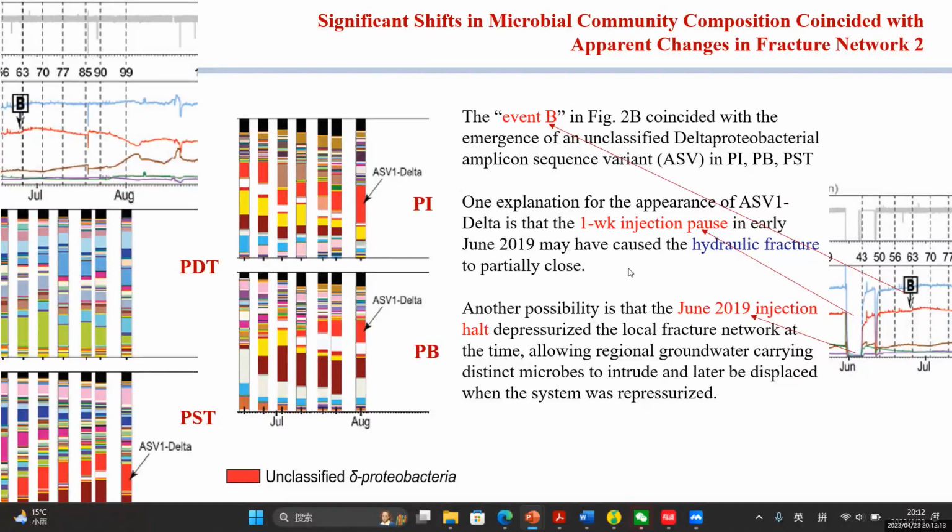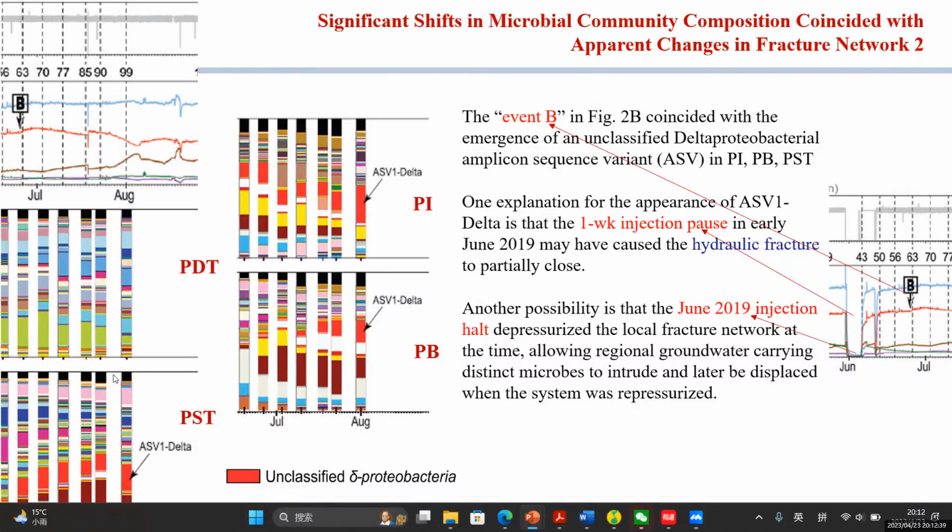And the second part, they mentioned that there was an ASV 1 delta. So it's an unclassified deltaproteobacteria.